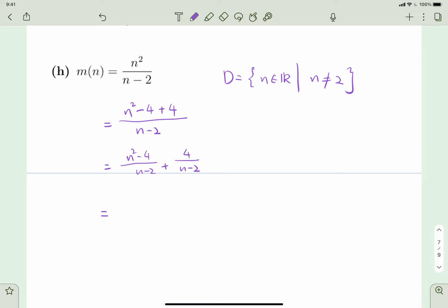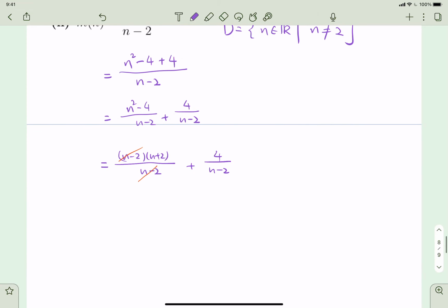So that now I can change my first term into n minus 2 times n plus 2, right? Divided by n minus 2. And the second term is this one. So now I can cancel out this just to make things easier. And so I'm left with n plus 2 plus 4 divided by n minus 2.